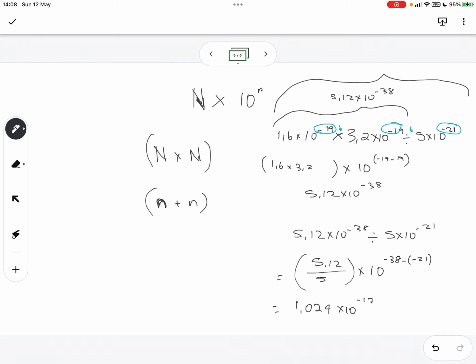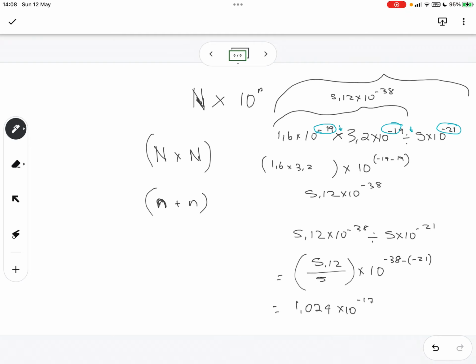Because the exponent we started with was negative 19, and then the other one was 21.